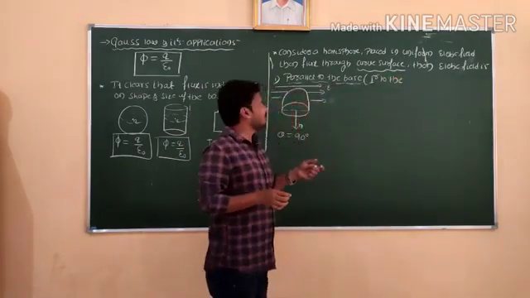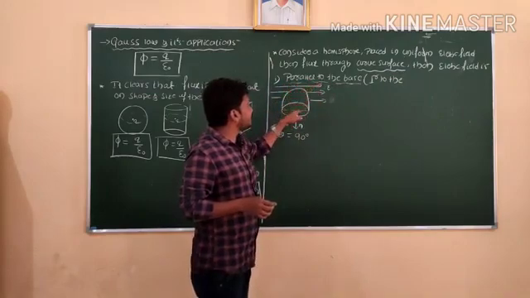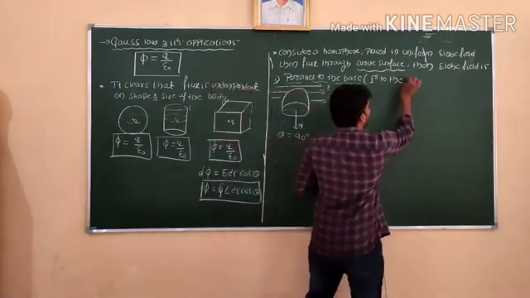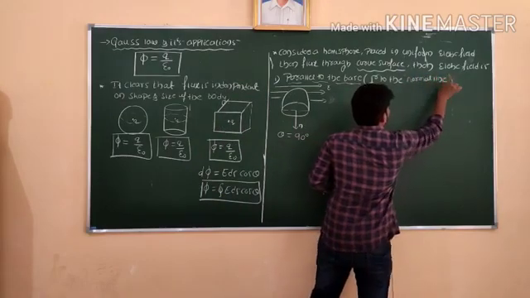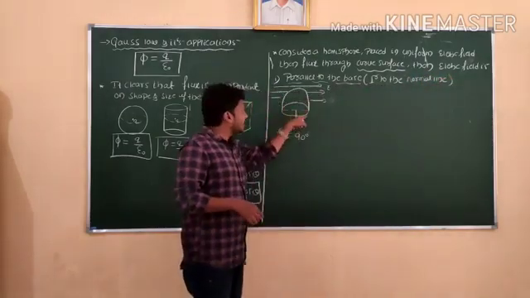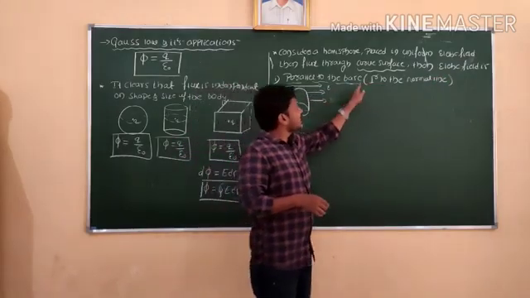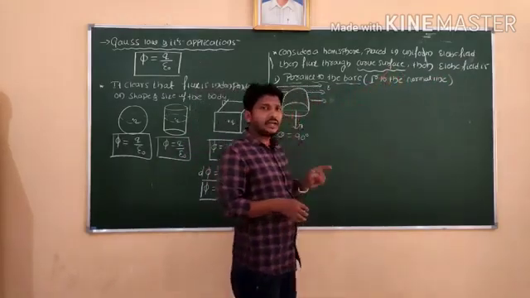So electric field lines are parallel to the base means perpendicular to what? Perpendicular to the normal line. Hope you understand now. Or in another way I can say electric field lines are perpendicular to the normal line.